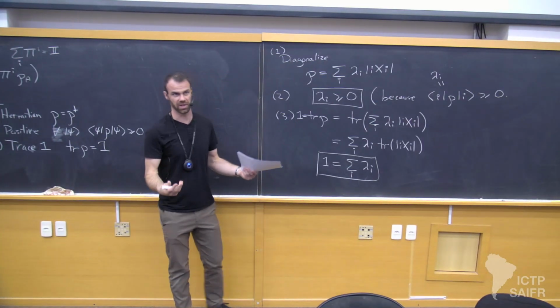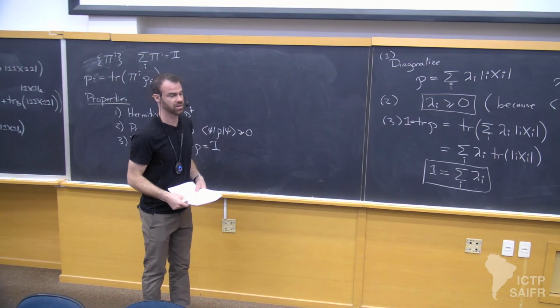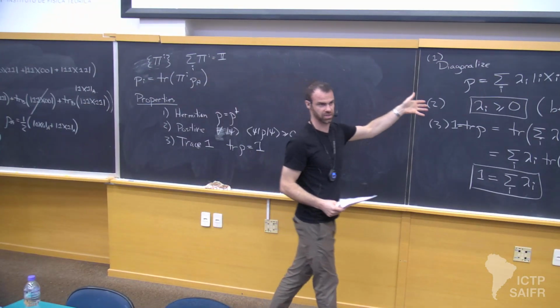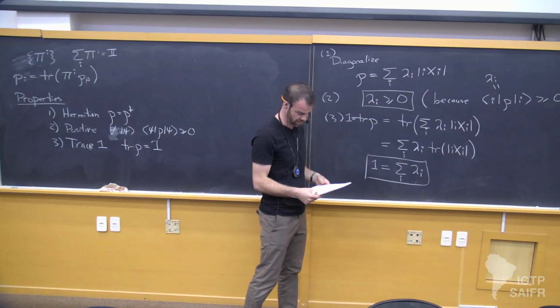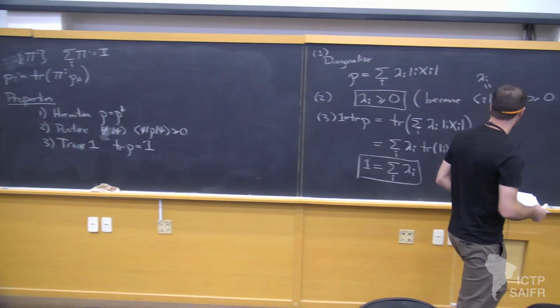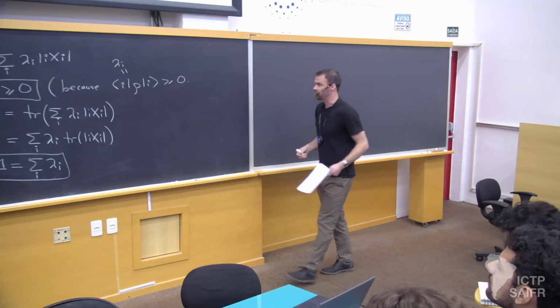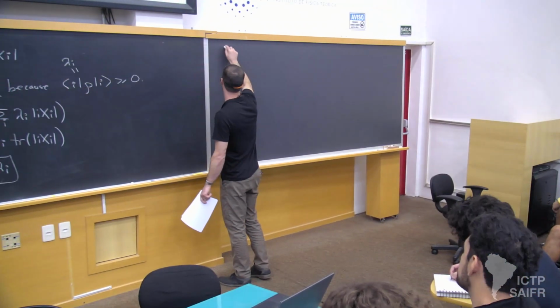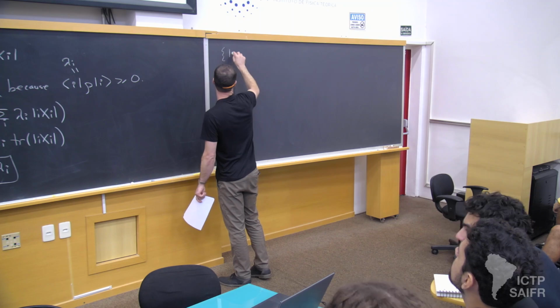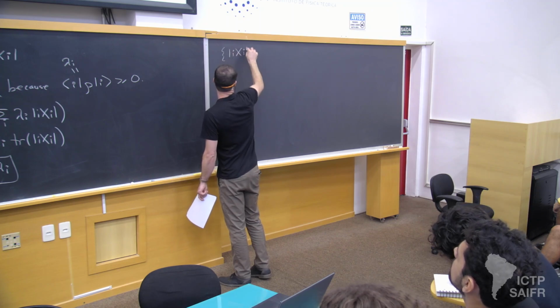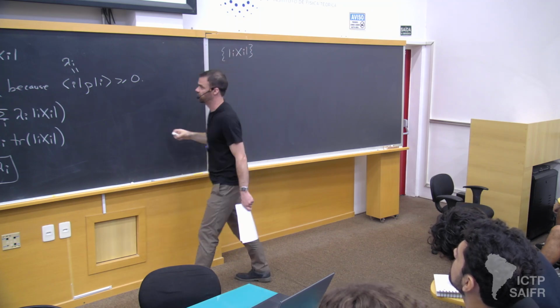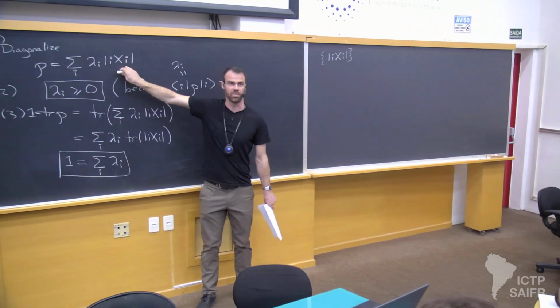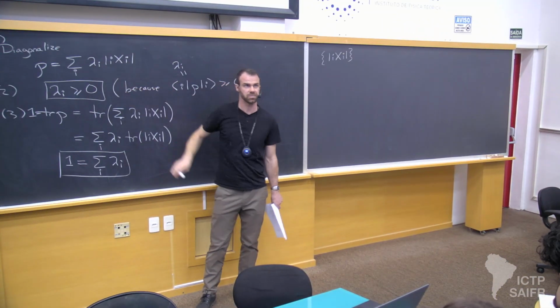They sound like probabilities. And indeed, these do actually have the interpretation of probabilities, so let's see why. If I think about measuring my density matrix rho with this particular set of projectors, I take the eigenvectors of rho, and I form the set of projectors from them.